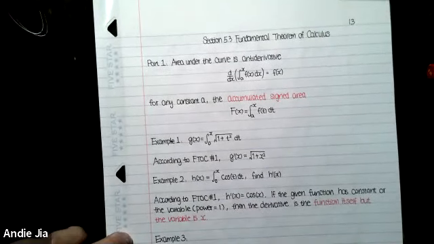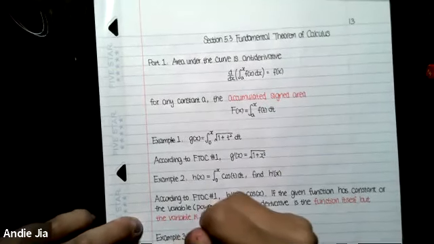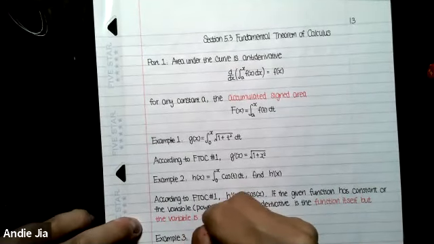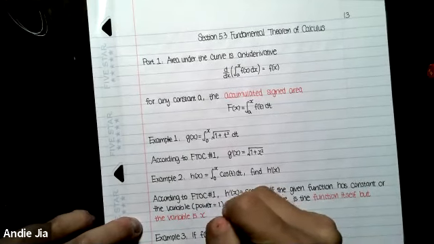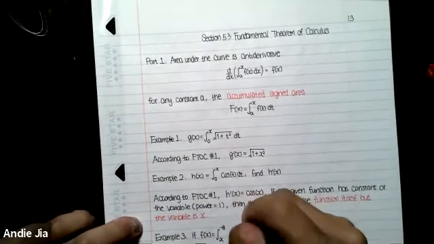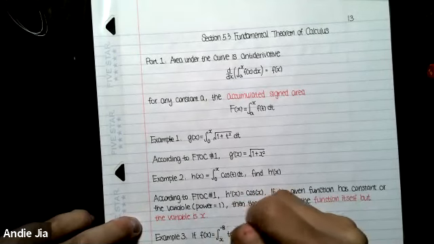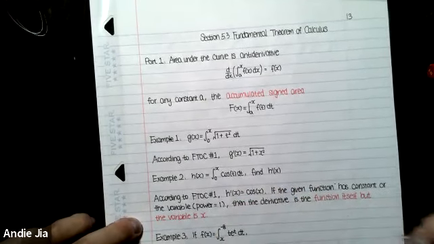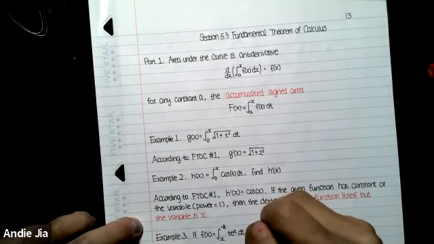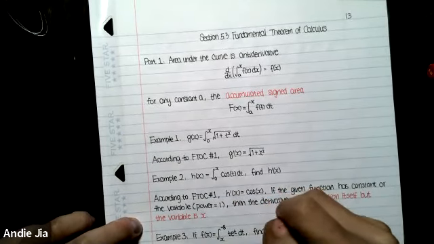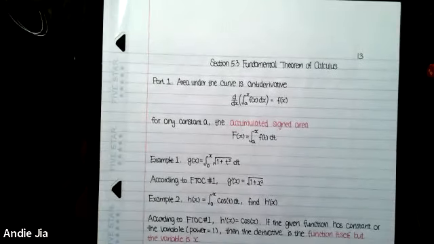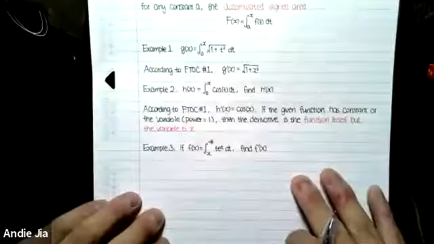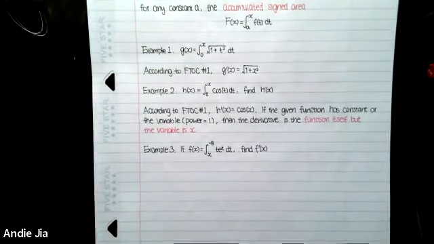If we have f of x again, equal to the integral from negative 8 to x of t times e to the t dt, find f prime of x. Maybe pause the video, try this on your own, perhaps it is on the exam, and solve this problem.